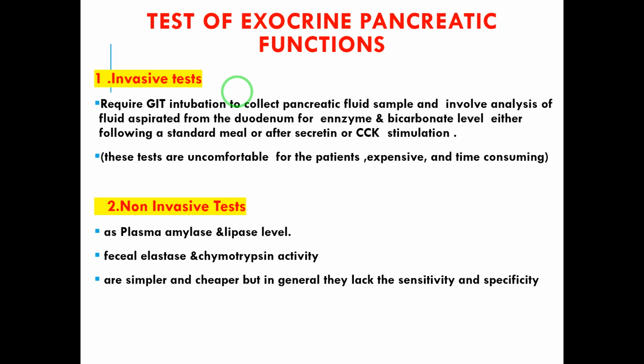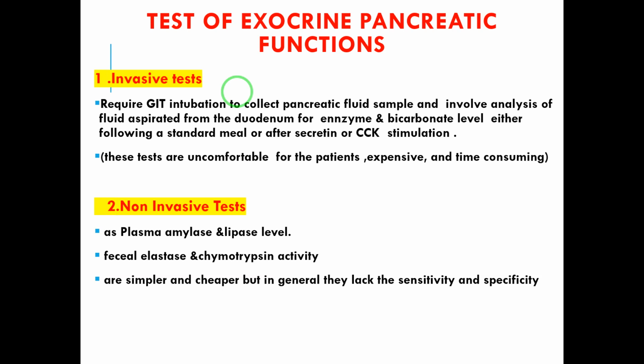Usually we stimulate the secretion of this fluid either by giving the patient a meal or certain stimuli, such as secretin or cholecystokinin, and then we put the tube in the duodenum and aspirate the fluid, and we measure the trypsin activity, the bicarbonate concentration and other characteristics.